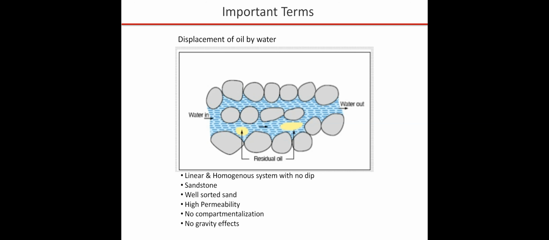So what we are going to see in the subsequent computation of fractional flow is for a linear homogeneous system with no dip, no gravity effects, sandstone reservoirs, very well sorted sands, tortuosity 1, high permeability, and no compartmentalization. So I think this should be the launching pad for you to start developing on a radial system and subsequently on a multi-layered system of fractional flow.